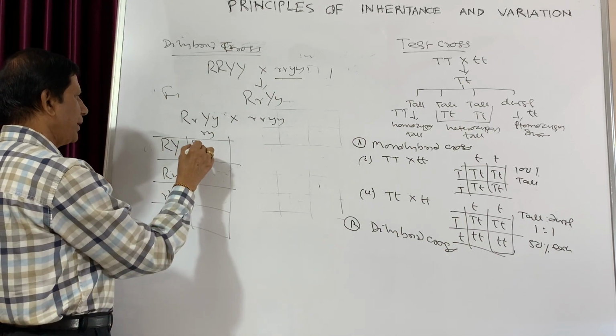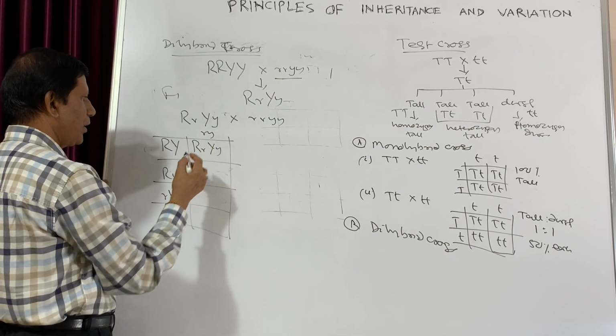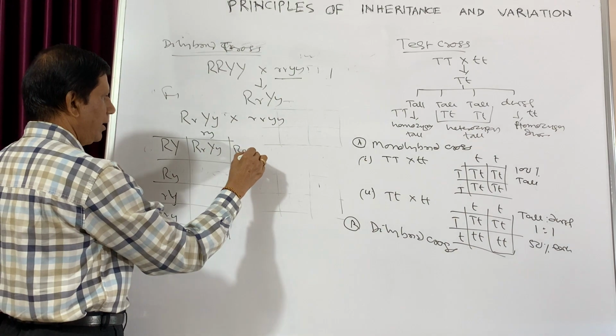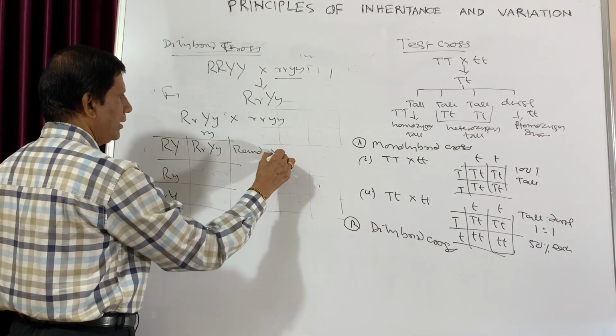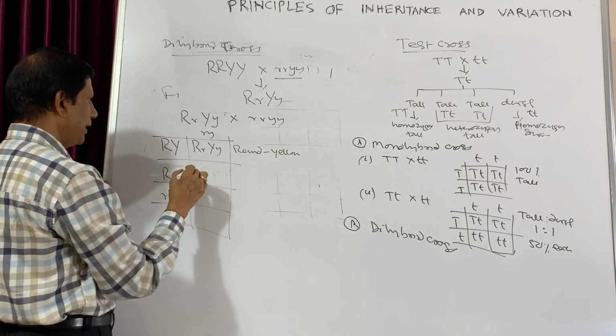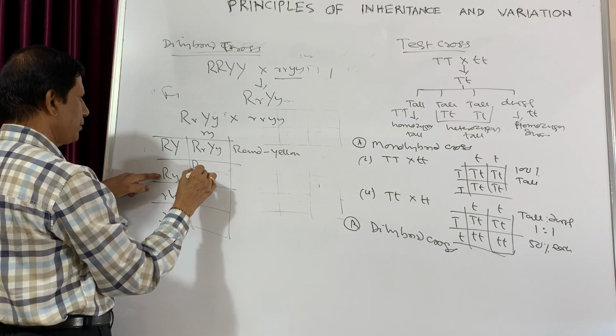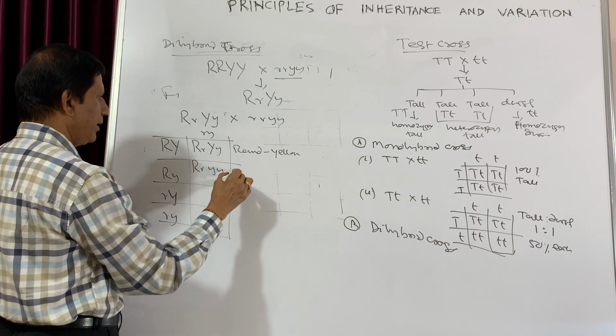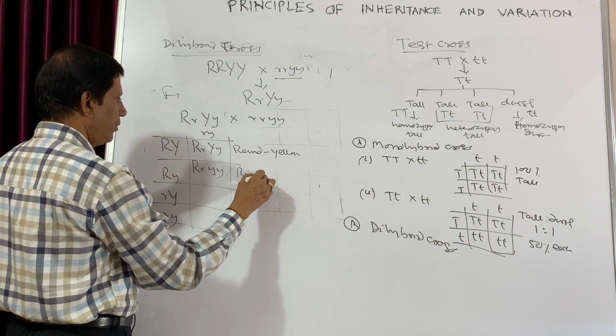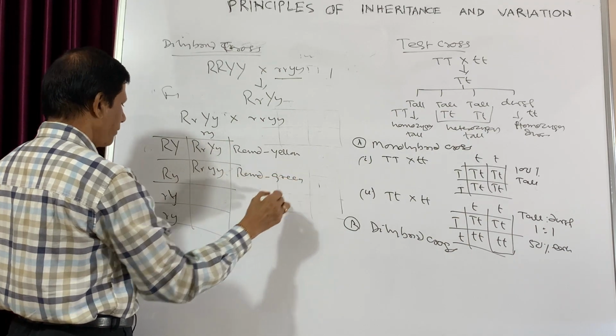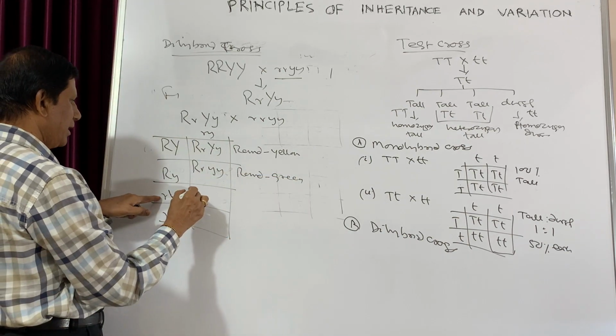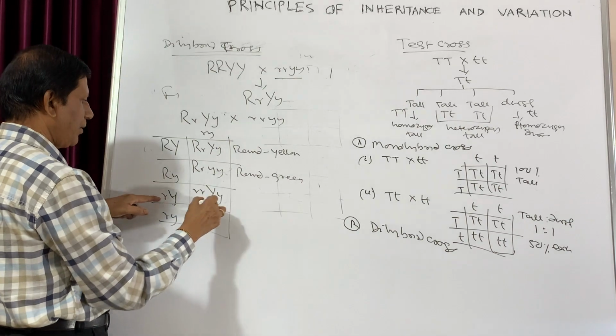Now this will be capital R, small r, capital Y, small y. That means it will be round and yellow. Then this will be capital R, small r, small y, small y. That means this will be round and green.